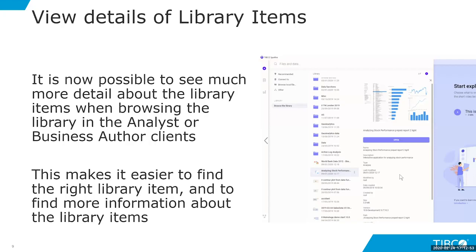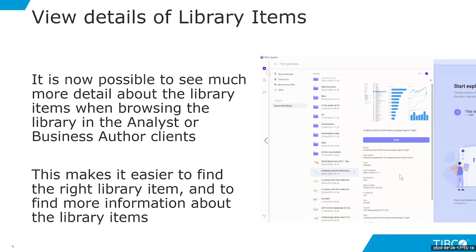And then on to the next larger visual analytics feature. This one is also based on a lot of requests on the ID portal related to the ability to see the details of library items better than you could before in the Browse the Library section in the Spotfire 10 Plus menu.